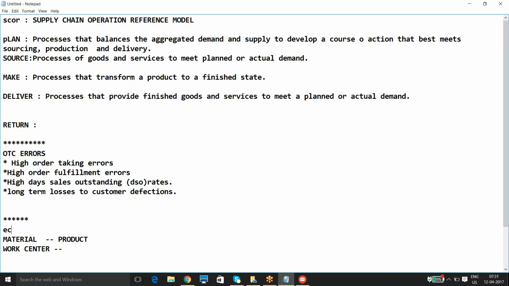This is the naming convention in ECC, and this is APO. So whether I say a material or a product, it's not something different. A work center in ECC is called a resource.